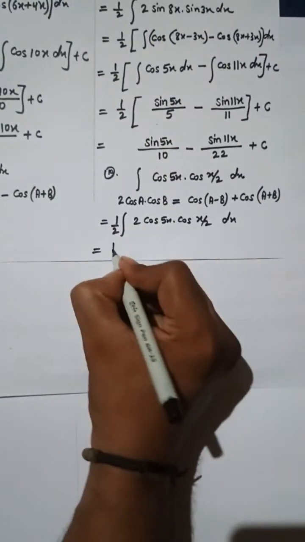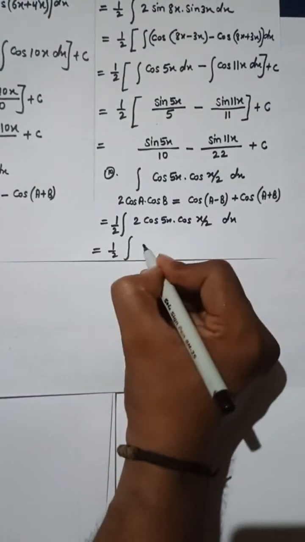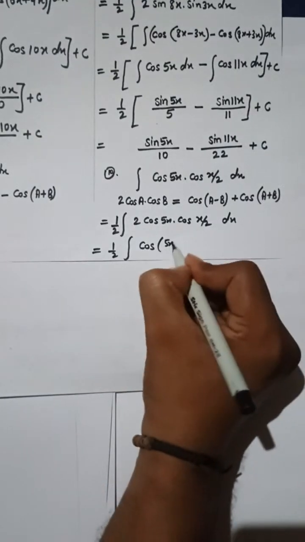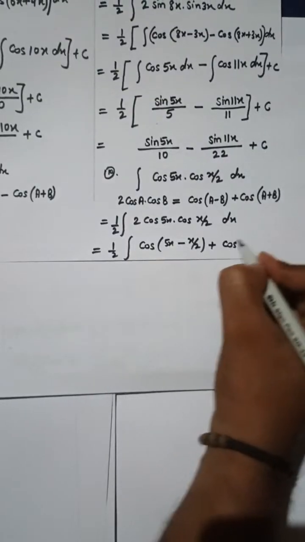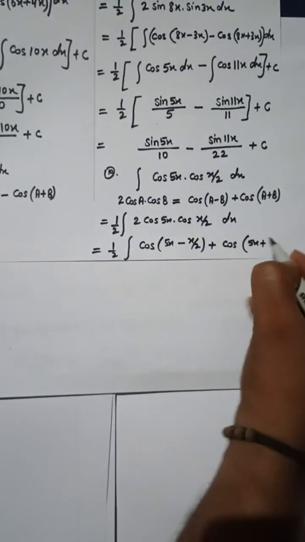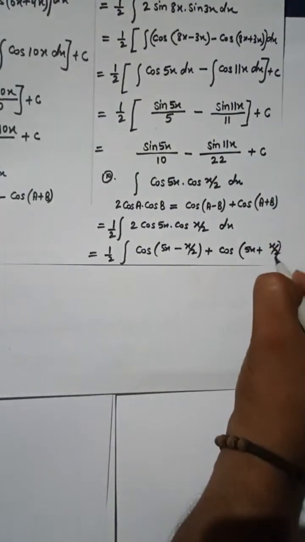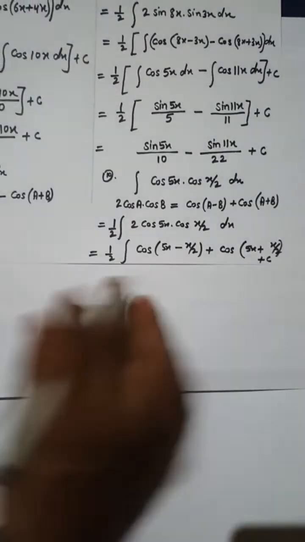Now in the next step, 1 by 2 integration, this will be cos, so 5x is more than x by 2, so cos 5x minus x by 2, and then plus cos 5x plus x by 2 we have here, and then plus c.